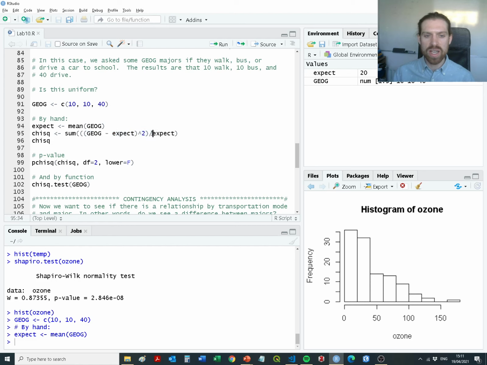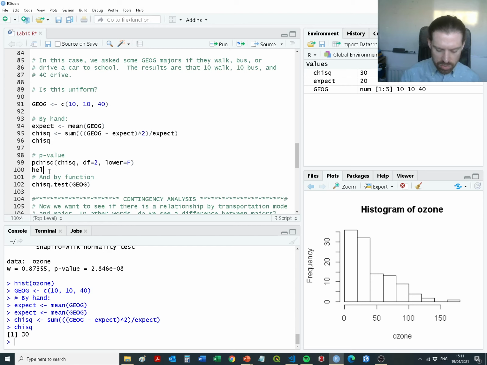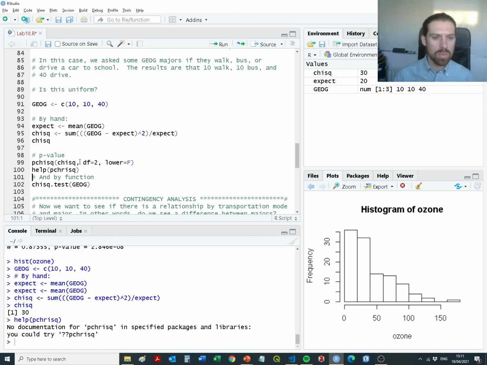Then we just divide again by the expected number, and sum them all in order to get this chi-squared test statistic. When we do that, we get 30. It's not necessarily a particularly large number, but let's put this now into our function, which helps us get the probability for this particular outcome.